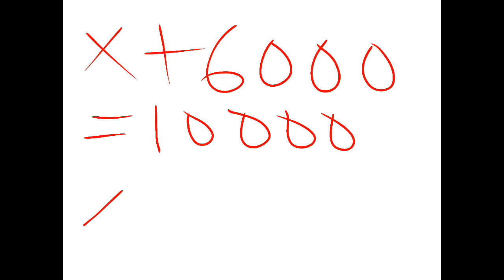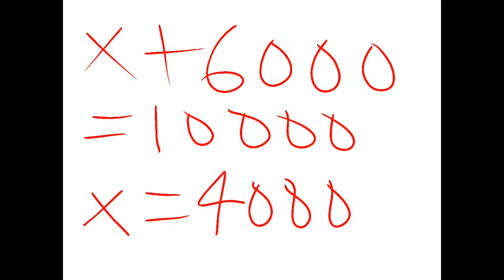Right now, I group like terms, I make x the subject, so x should be equal to 10,000 minus 6,000, which should be equal to 4,000 families.